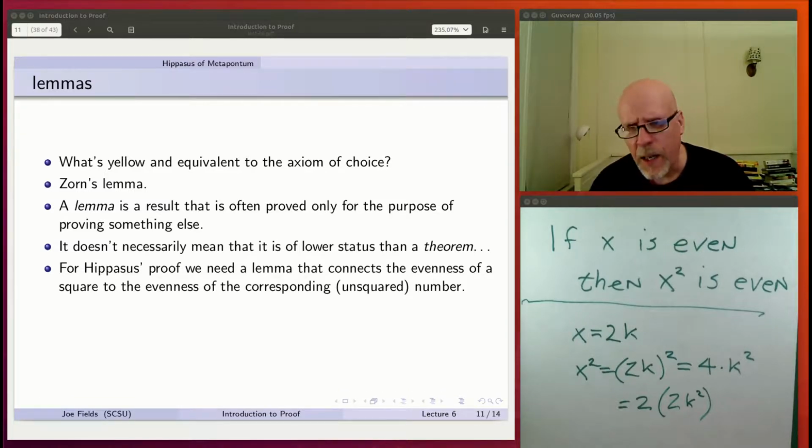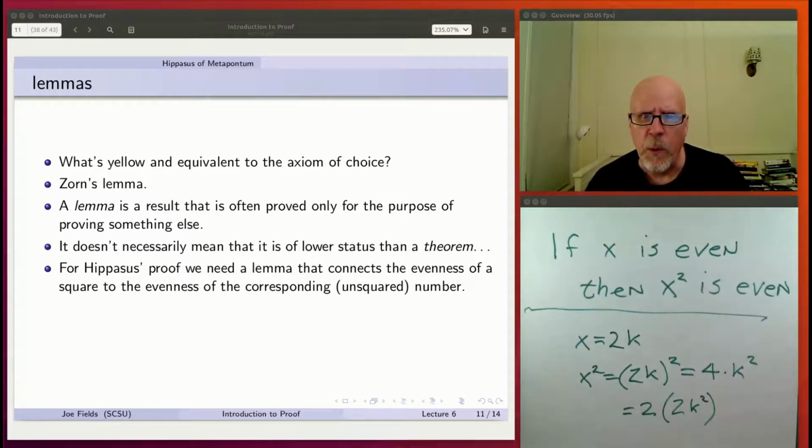So it's hard to see how to use the definition in a straightforward way to go from evenness of x squared to evenness of x. But there is a technique, and the reason I'm weaseling here about not wanting to show you the argument is it's really a good one for you to work on and to discover how that proof works. And I just don't want to steal the fun from you.